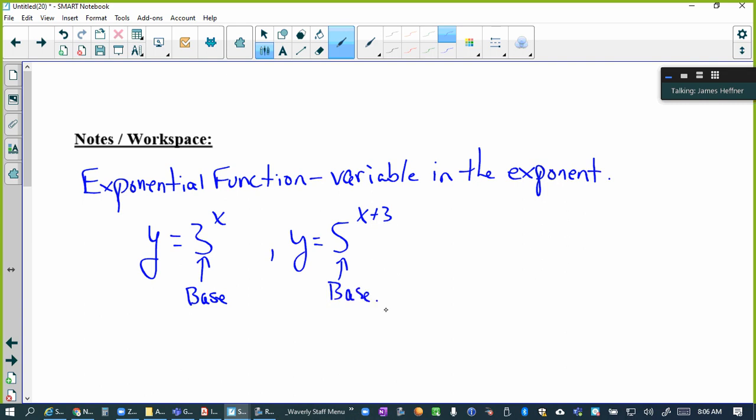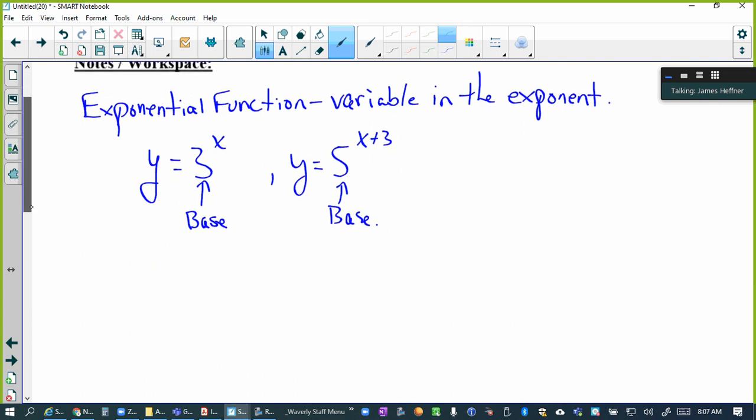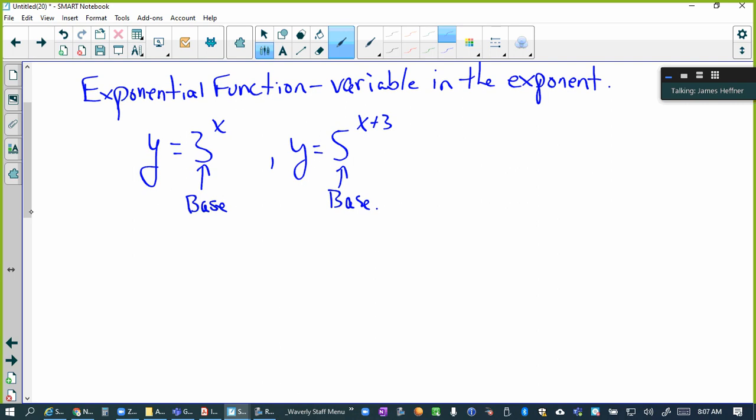Okay? So if that's an exponential function, up till now, you don't really have a way to solve for the variable up there unless you have common bases, right? Unless you can write powers on both sides of the equation, powers of 2, that kind of thing. But if you can't write them as the same base, then we need to use something called logarithms to solve for what's up in the exponent, okay?